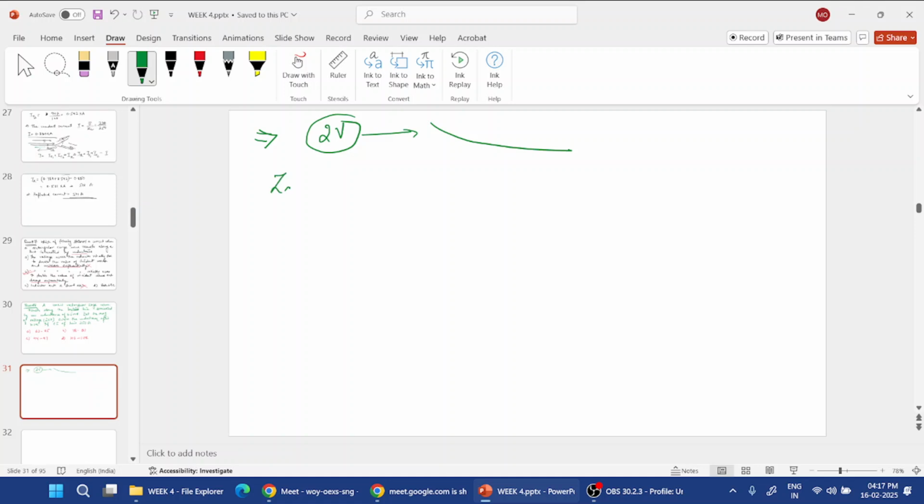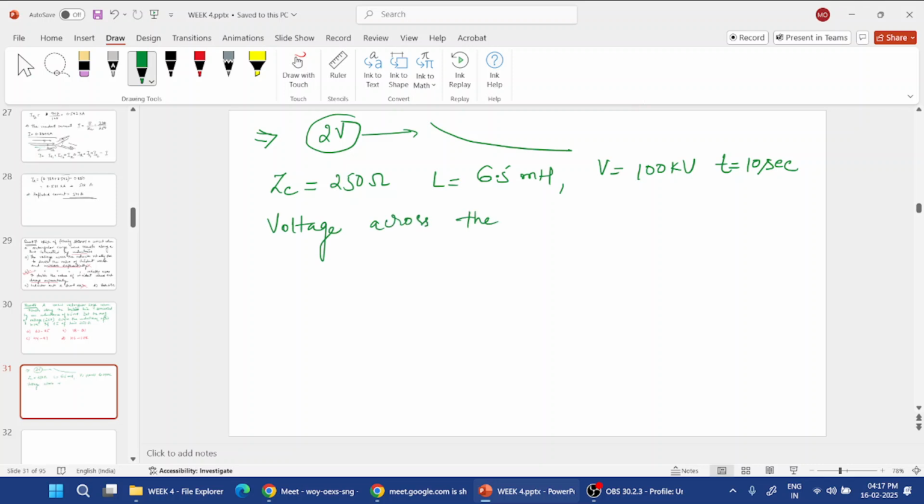So in this question, ZC is given as 250 ohm, L is 6.5 millihenry, V is 100 kV, and T is equal to 10 microseconds. So the voltage across the inductor, let's say VL(t).